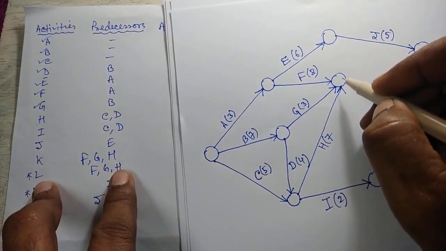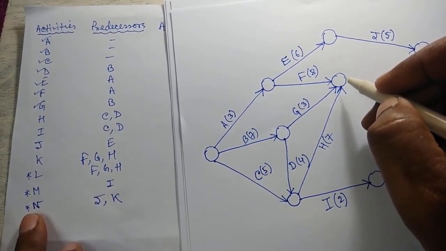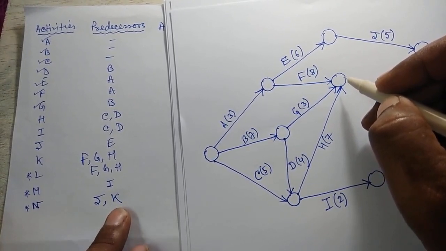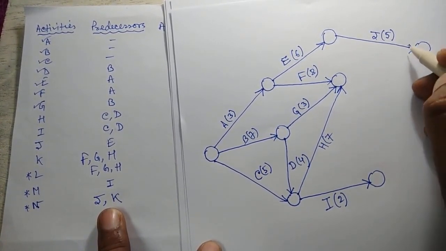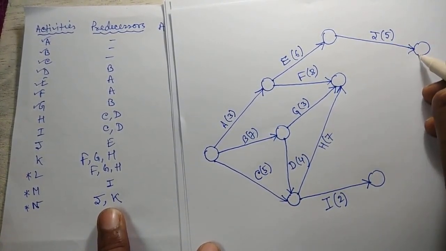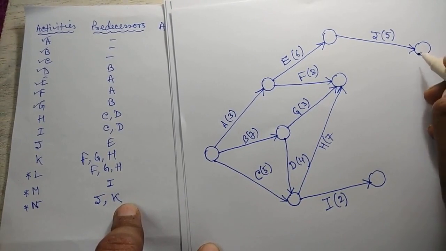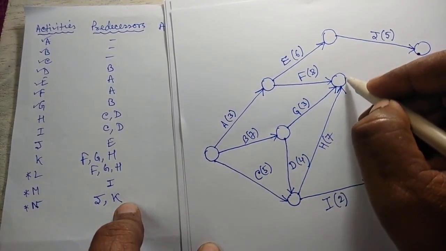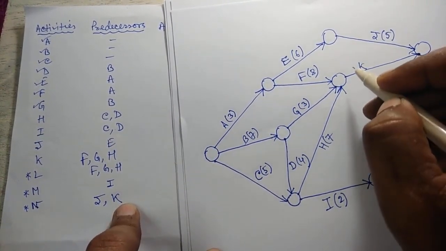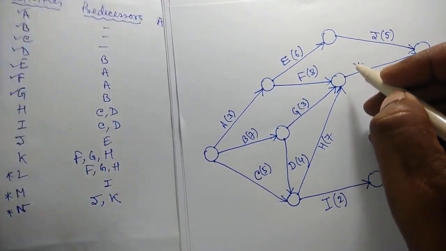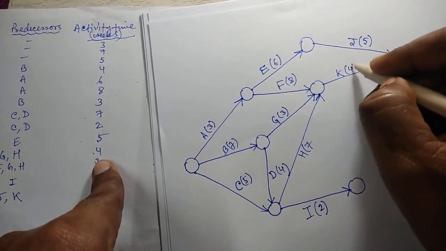Now see, J and K are the predecessors of N. So J and K should meet at a single node. The ending node for J is this node. So K will start from here and meet at this node. What is the timing for K? 4 weeks. So here you have to write 4.